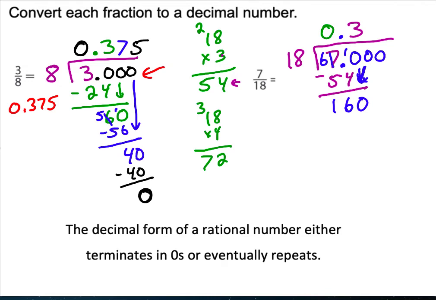So now how many times does 18 go into 160? Well, times 10 would be 180, so I'm going to be in the ballpark there. So let's try 18 times 8. 8 times 8 is 64. That gives me 144. So I think that's as close as I'm going to get.